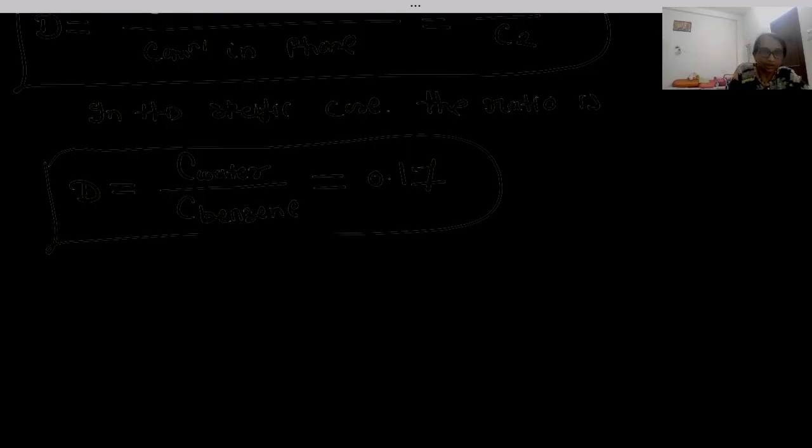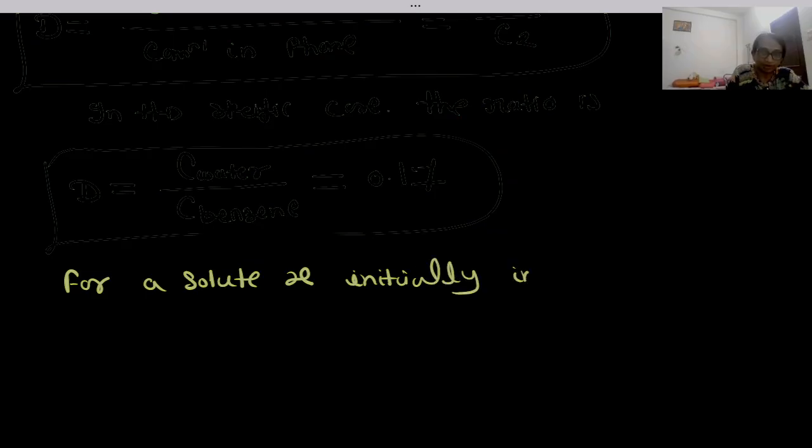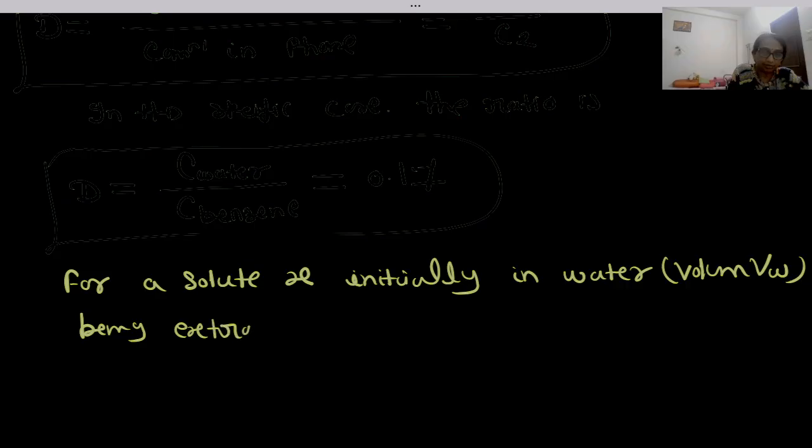Now try to understand what is the process. So for a solute X, initially we have a solute X in water, with volume of water VW, being extracted by an organic solvent.